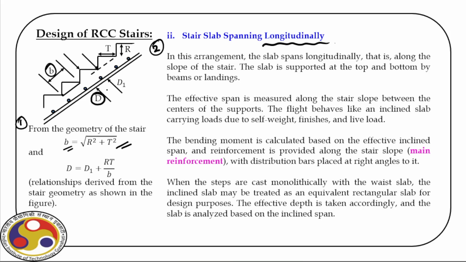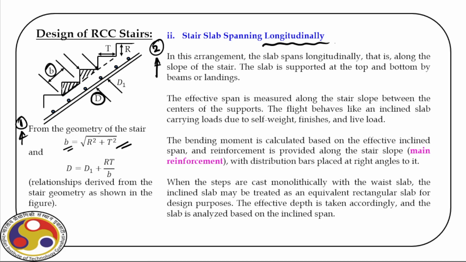Now, when we calculate the bending moment, we have to consider the load of each and every step, and accordingly we have two supports here and there. So we can consider it as a beam supported between 1 and 2, but while calculating the load we have to be careful to consider the weight of each step, which is distributed over this length.